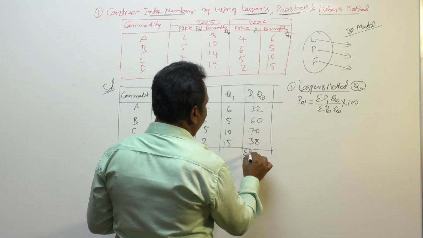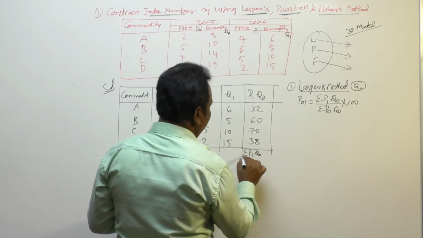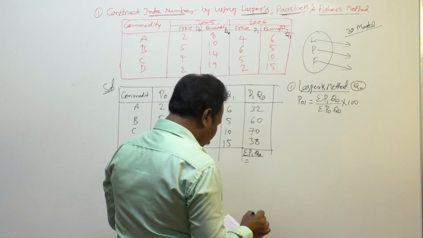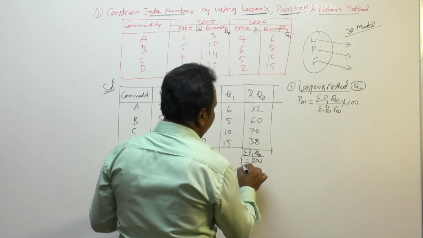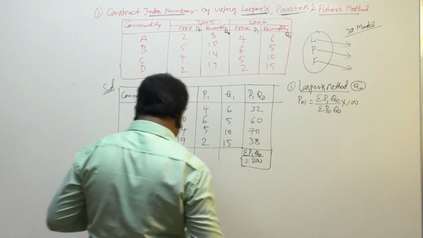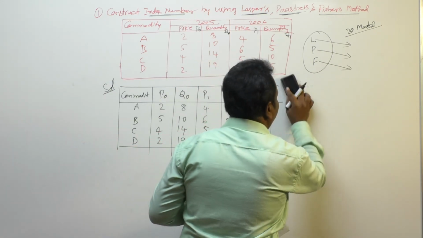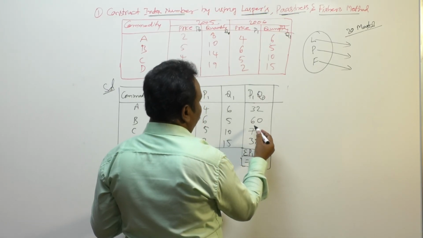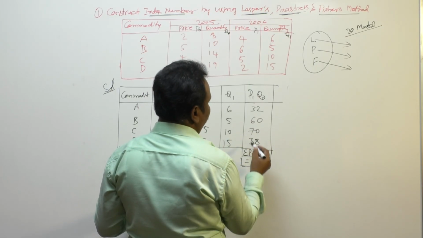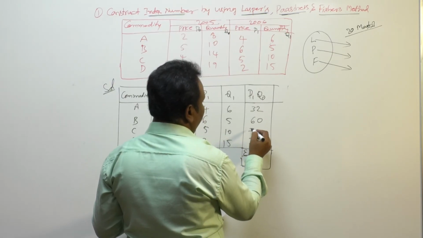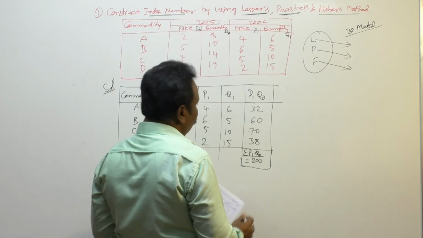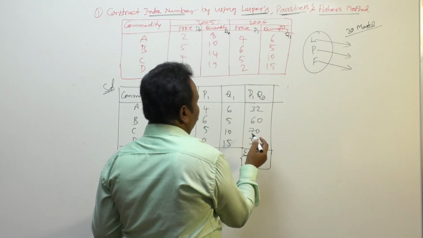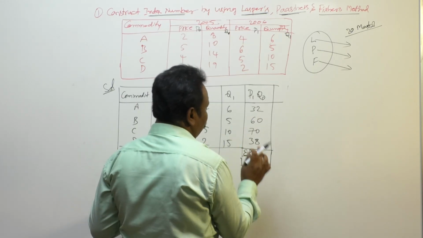So the summation of P1 Q0 equals 32 plus 60 plus 70 plus 38, which totals 200.